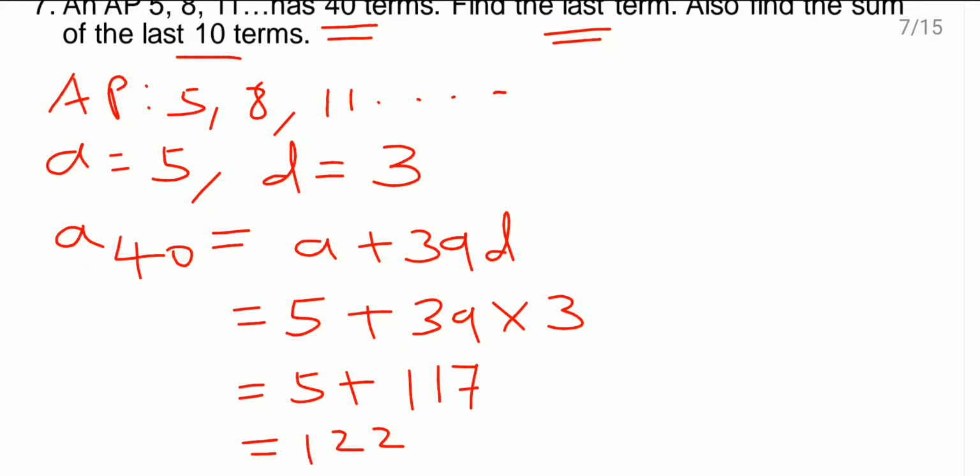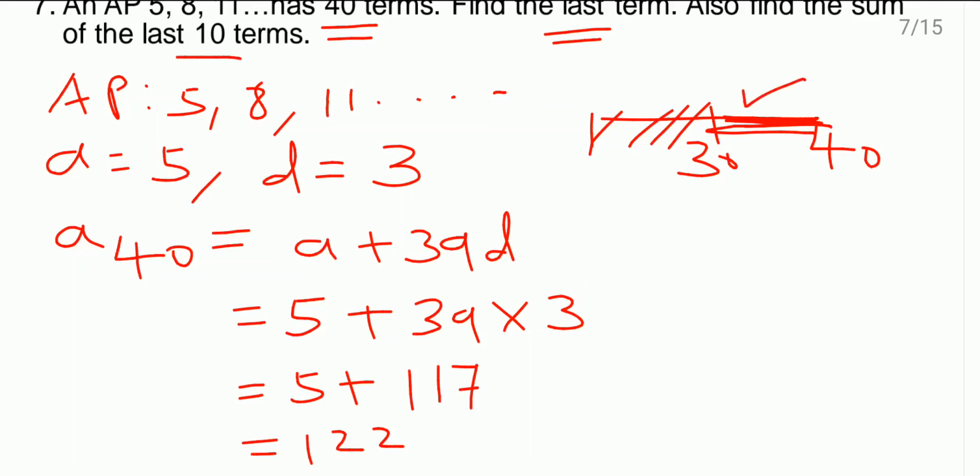Now what I will do, just try to understand here. I will explain you. If these are 40 terms from 1 to 40 and from here if I remove 1 to 30 terms, so I'll get the sum of the last 10 terms. Correct? So what I'm saying, sum of 40 terms minus sum of the first 30 terms, I will get the sum of the last 10 terms.